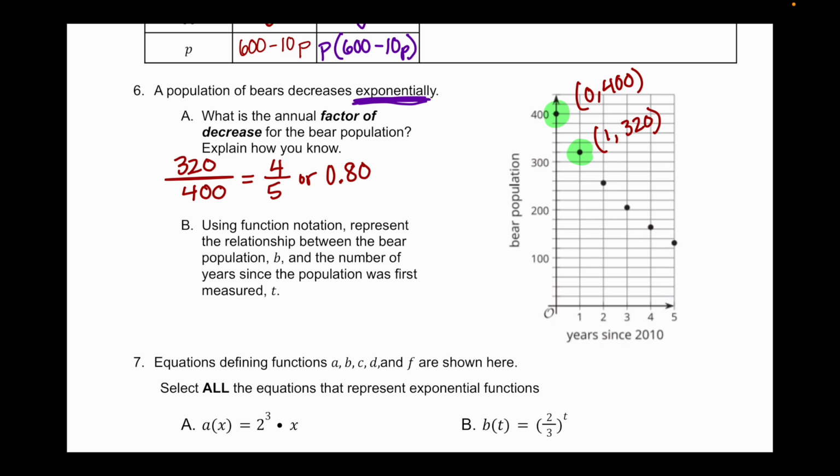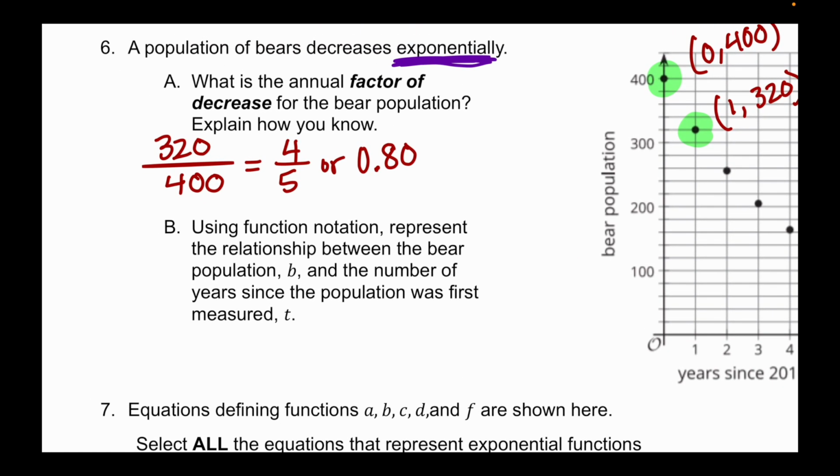But part B wants us to use function notation to represent the relationship between the bear population and the number of years since the population was first measured, T. So the bear population is B, and the years since the bear population was first measured is T. We're going to say function notation, B of T is going to be equal to, and there are three parts to an exponential function.